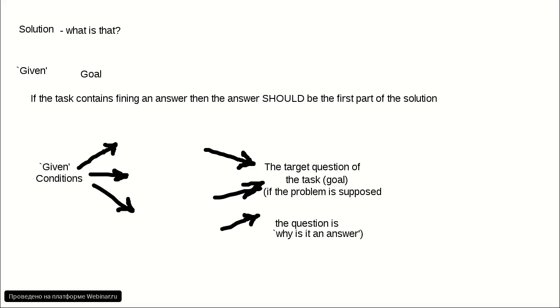They could bring us to exactly those things which are needed in this problem. Each arrow here denotes one basic step of concluding in this problem, and the final structure of a solution would be something like this.